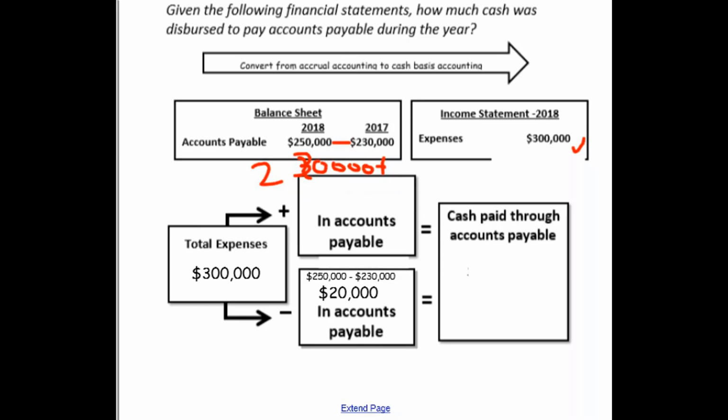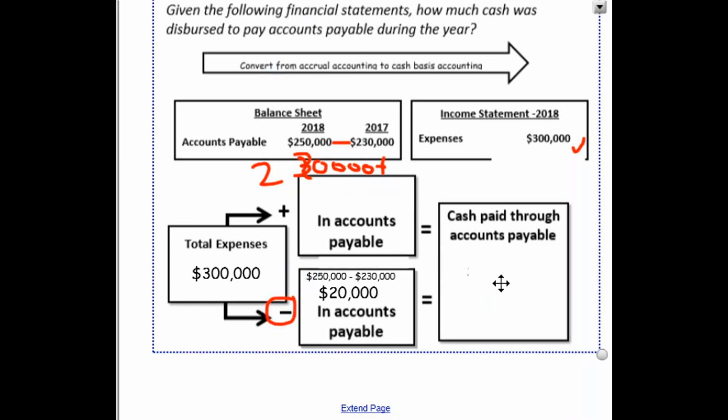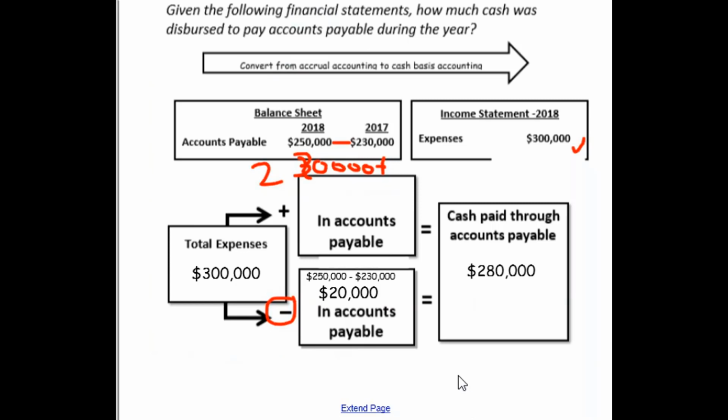So it was an increase of $20,000. So my $300,000 of total expenses minus my increase in accounts payable equals $280,000. So I know that the cash I have dispersed through accounts payable for accrued purchases was $280,000.